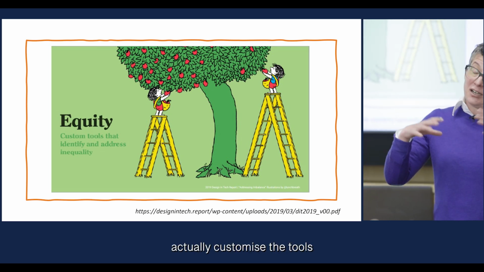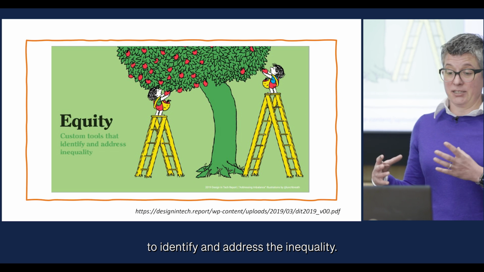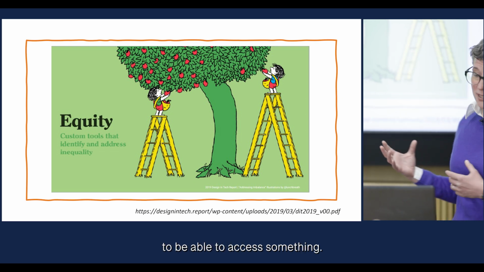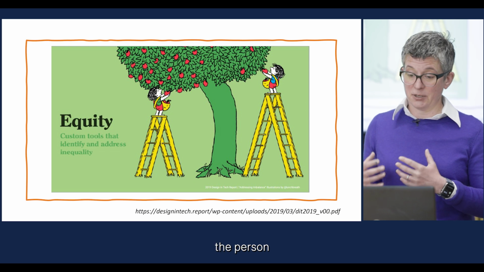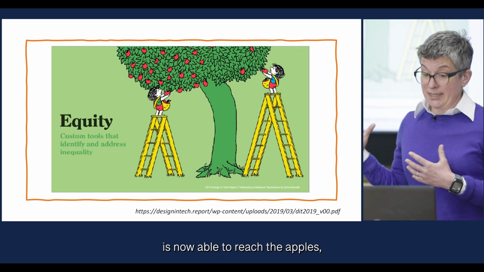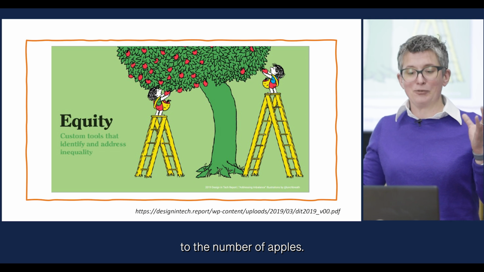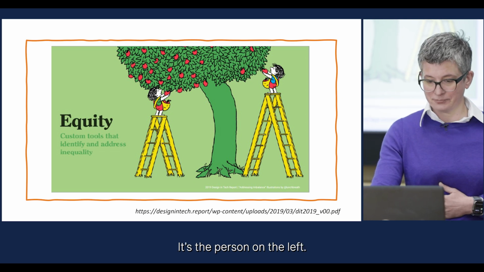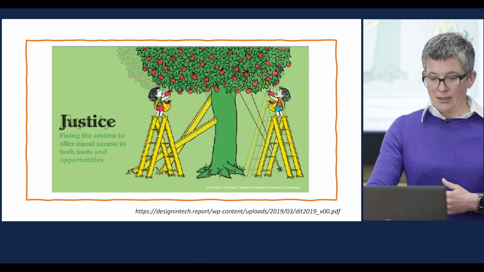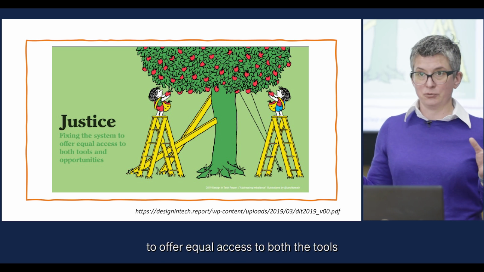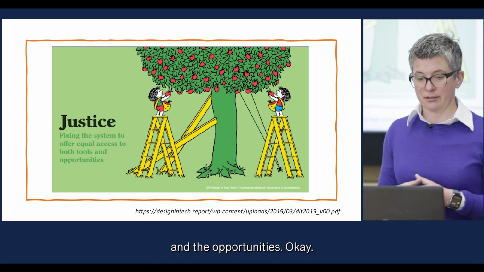Equity is when you actually customise the tools to identify and address the inequality. So you're providing someone with what they actually need to be able to access something. And so you can see the person on the right is now able to reach the apples, but still doesn't have the same access to the number of apples as the person on the left. And justice is when you fix the system to offer equal access to both the tools and the opportunities, okay?